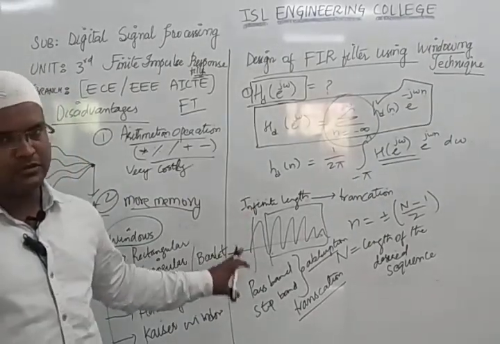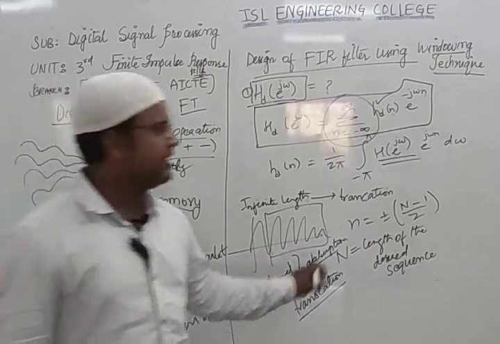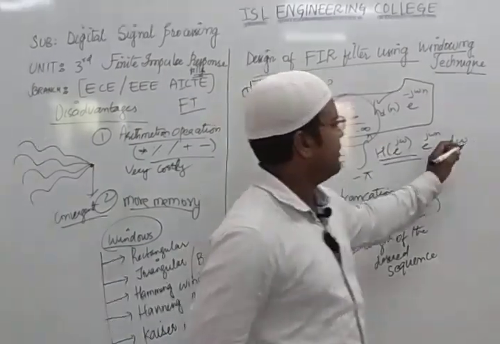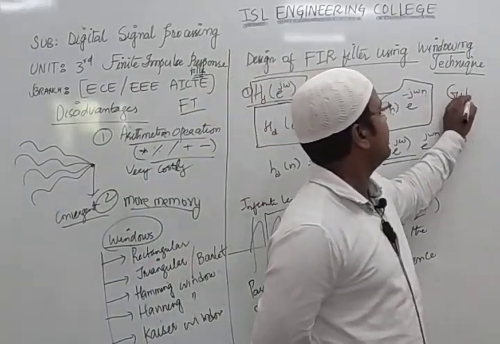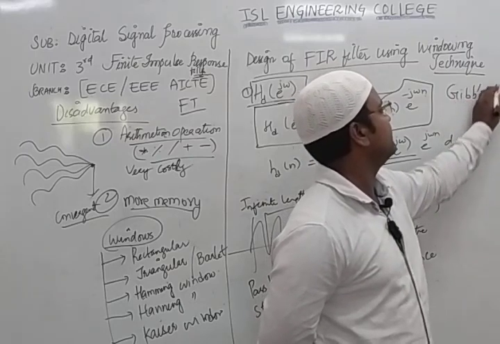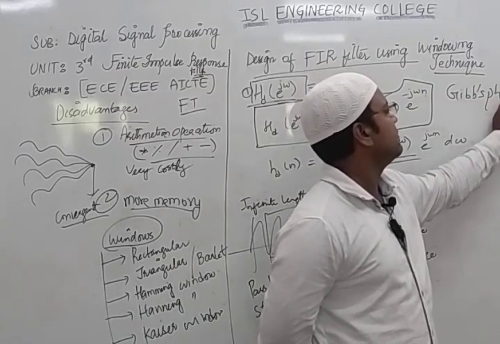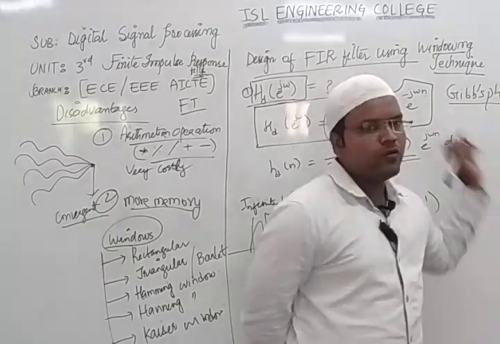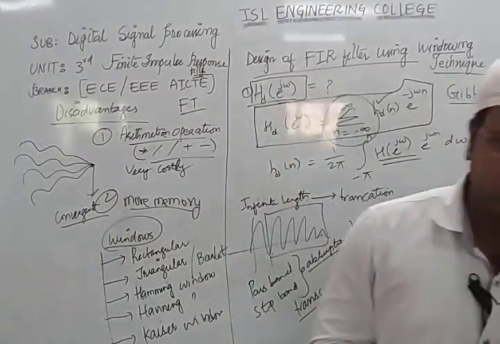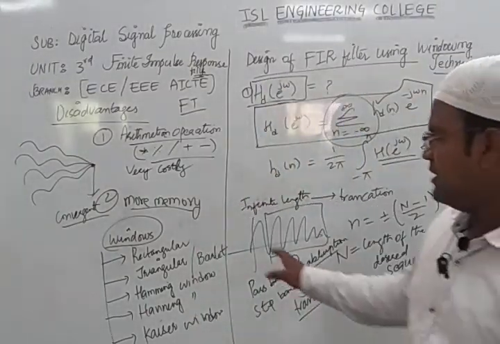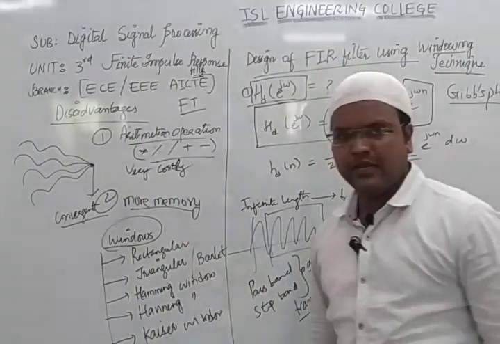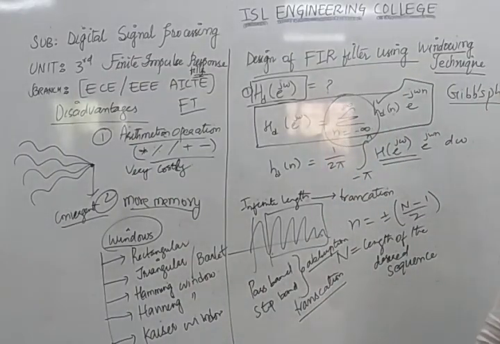If you are getting the oscillation, that particular effect is called the Gibbs phenomenon. So what are we defining by that term? The Gibbs phenomenon. So in order to overcome the Gibbs phenomenon, we proceed with these windowing techniques. Because of these factors, we say that we are proceeding with the windowing techniques.